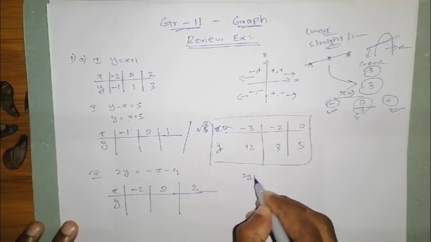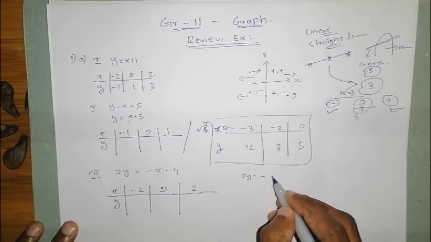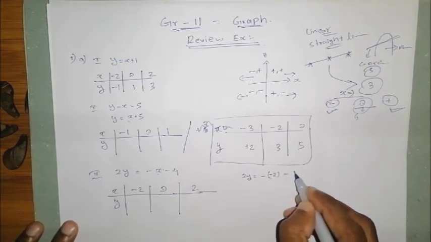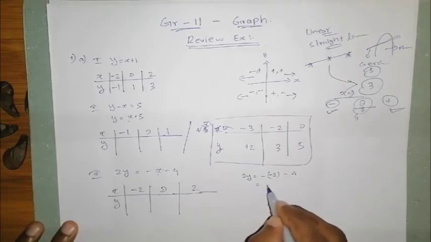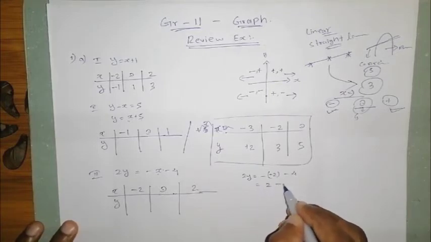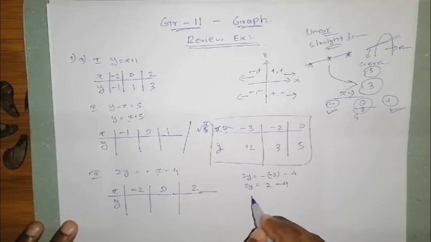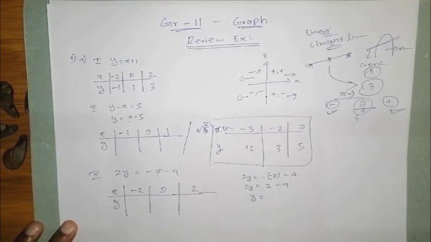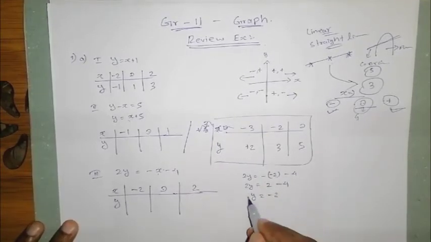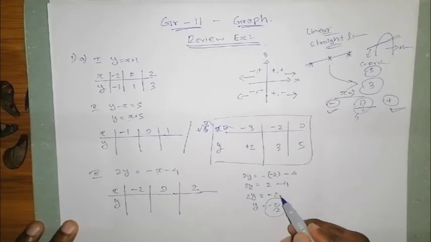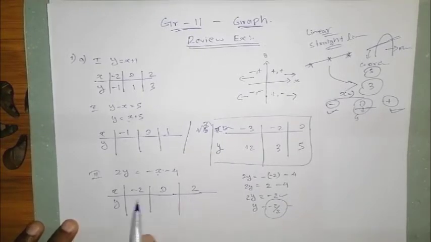So 2y equals minus, in the equation, we are going to substitute minus 2, minus 4. So both minus, we have 2 plus 2 and minus 4, 2y equals minus 2. So y equals, we can easily divide. If we have an even number, we can easily divide. That's why I put even numbers.